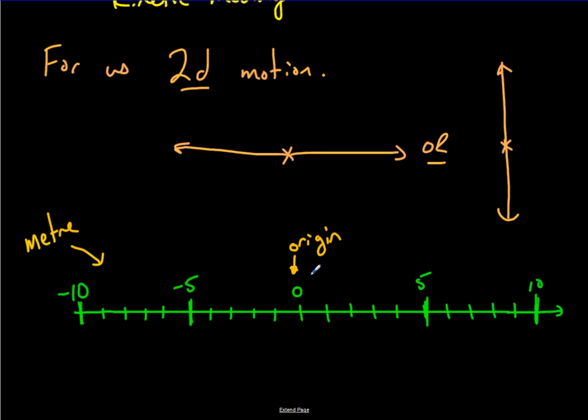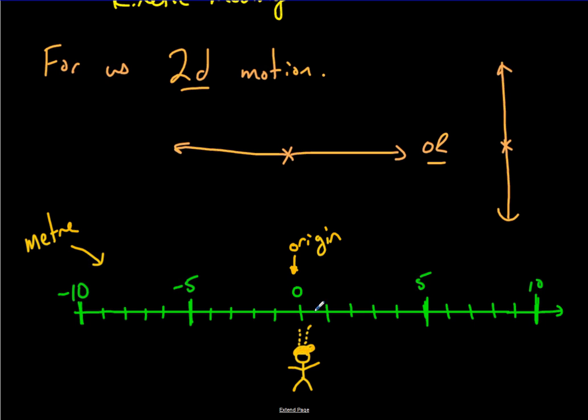Okay. And usually the origin is the place where an observer is standing and watching, right? So here's an observer. And that observer could be you. Here's you with your little baseball cap, just watching what's happening over here on the number line. Okay? Are you with me so far?